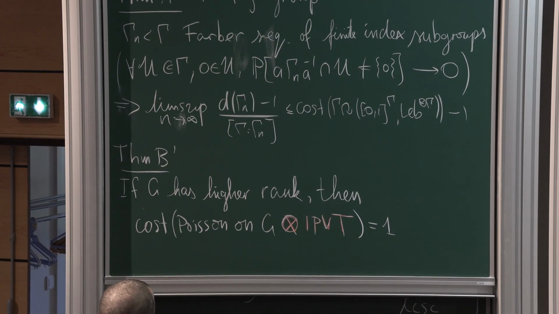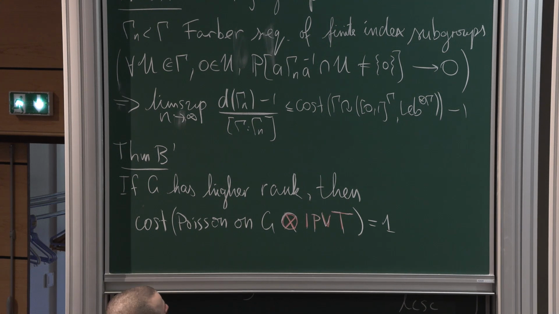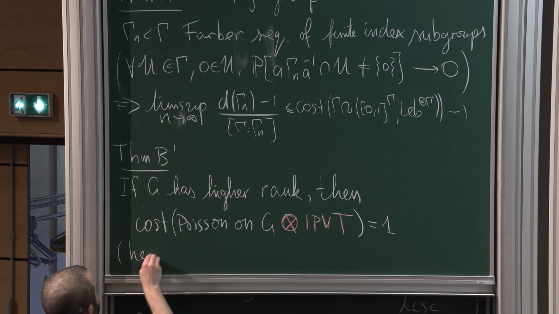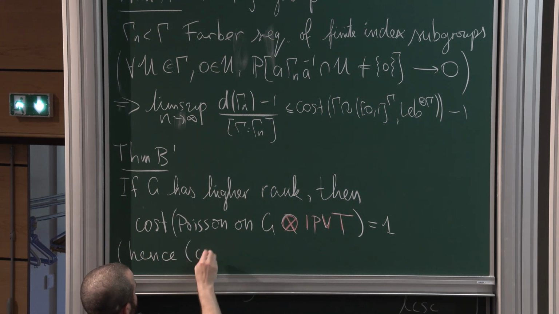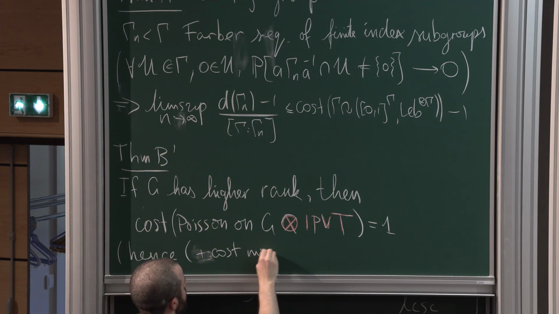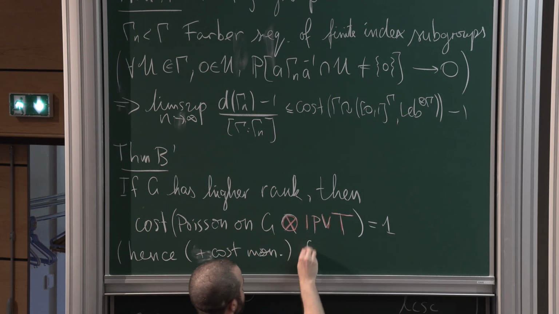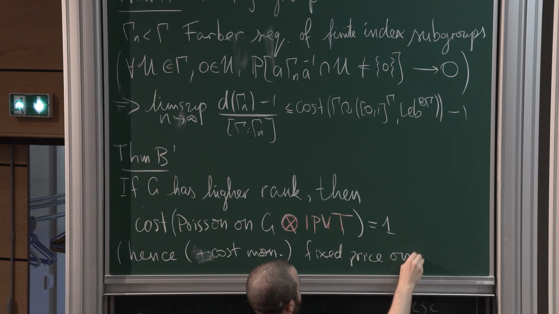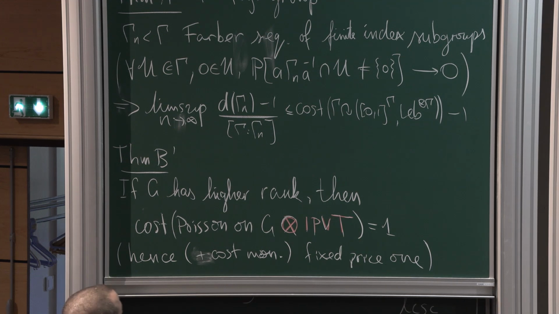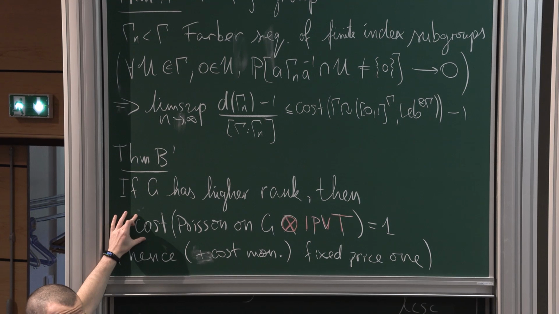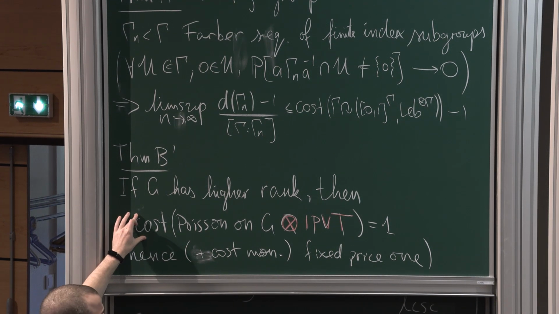And the one thing that's missing is, why does this connect to fixed price? If you add in this cost monotonicity, you get fixed price 1. What is proved here is that this one particular action has cost 1. But for fixed price, you have to prove something about all actions. So why is this connected at all?